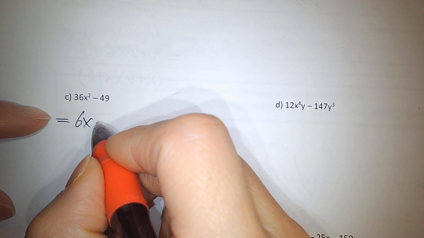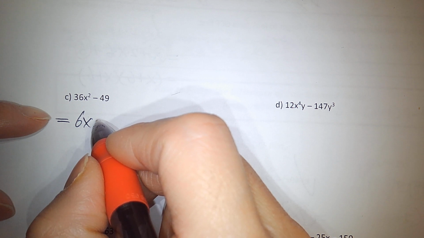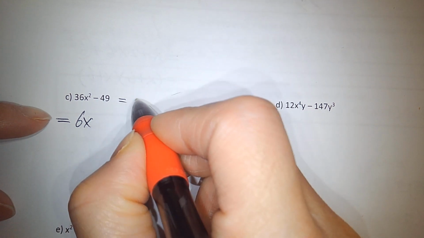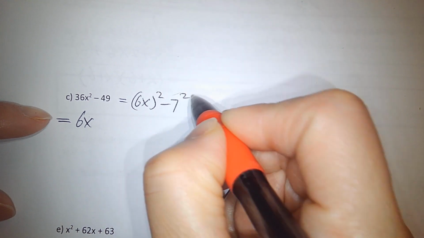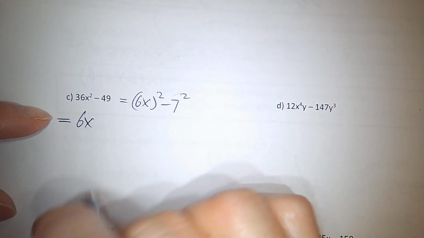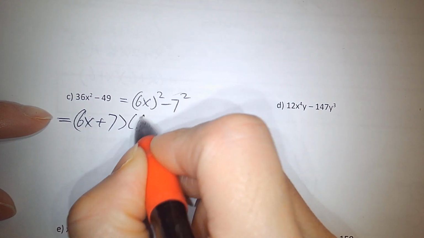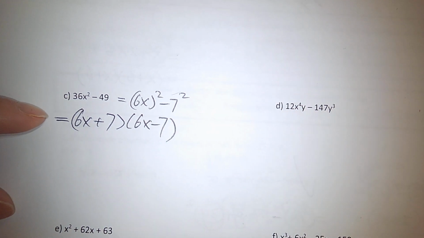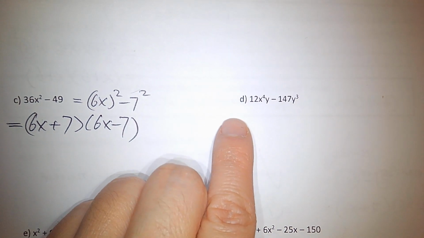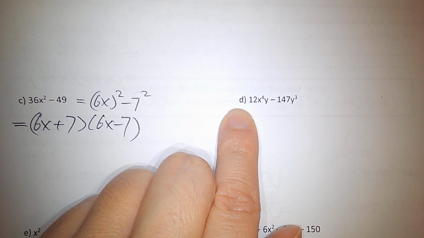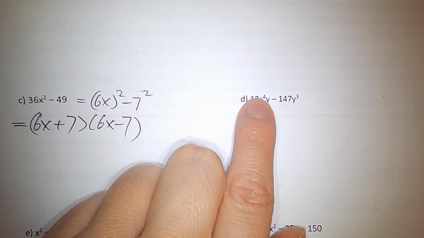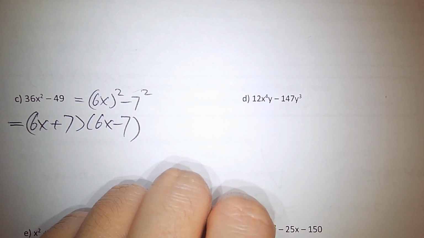Or do you want to do like the 2 groups? It is 6x squared minus 7 squared, right? And then 6x plus 7 in parentheses, 6x minus 7. Okay? Good. Can you try number D, please? See whether there is a GCF or not.